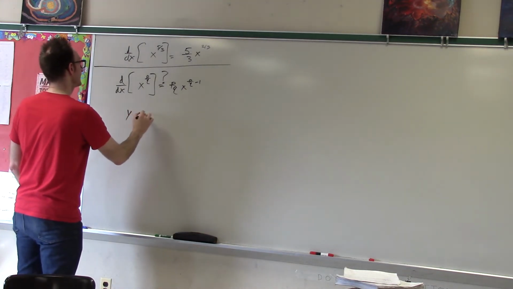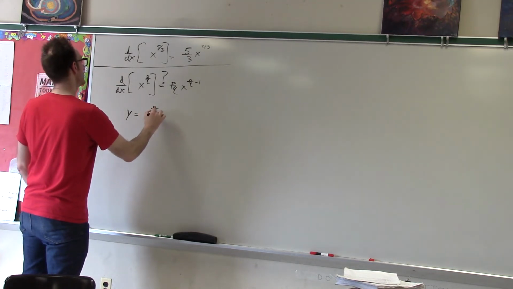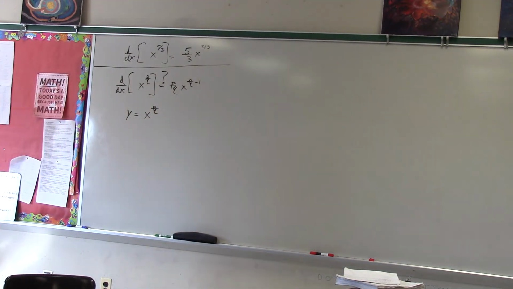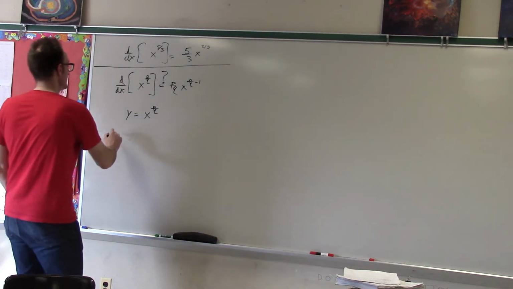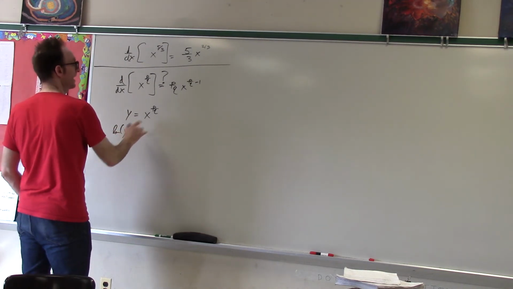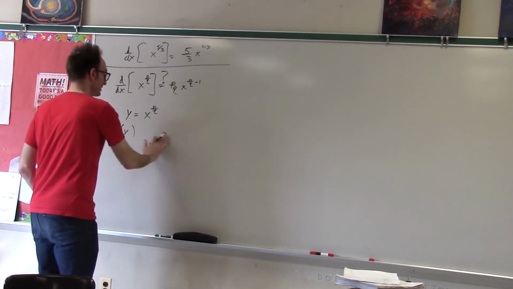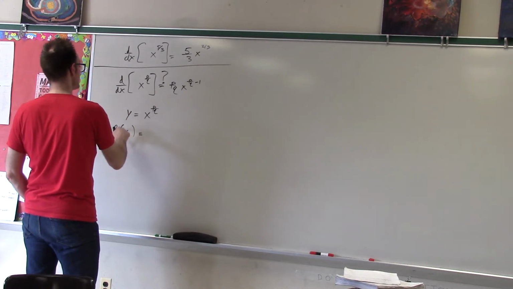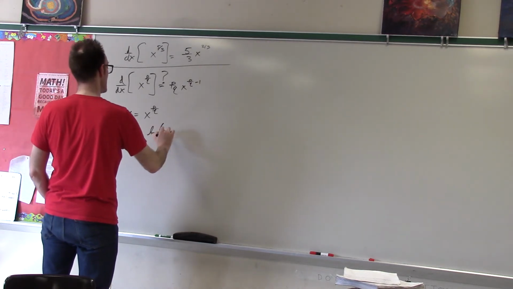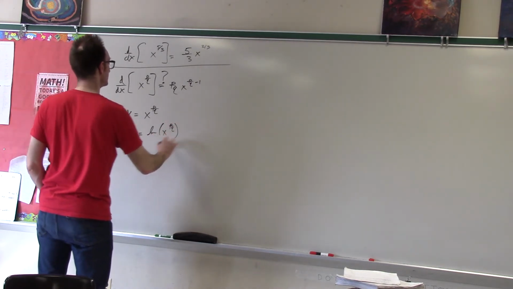Let y equal x to the p over q. Who has an idea of how to proceed from here? Just take the natural log of both sides, yeah. Anytime you got something up high and you don't want it there, that's what log does, right? It just takes it down. So if you take the natural log of both sides, you guys following this?